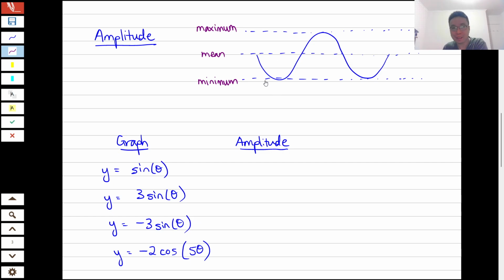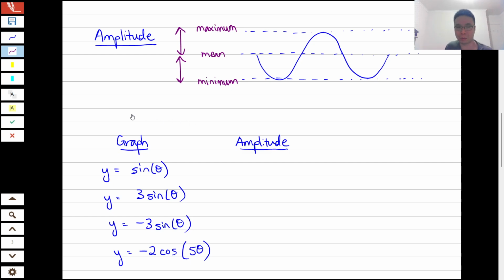The mean value is halfway between the minimum and the maximum, and the amplitude could be thought of as either the distance between the mean and the maximum, or the distance between the minimum and the mean. You could also think of it as half the difference between the maximum and the minimum.